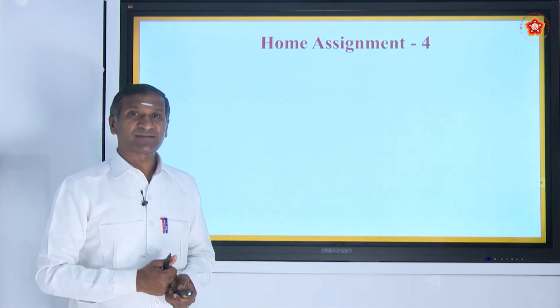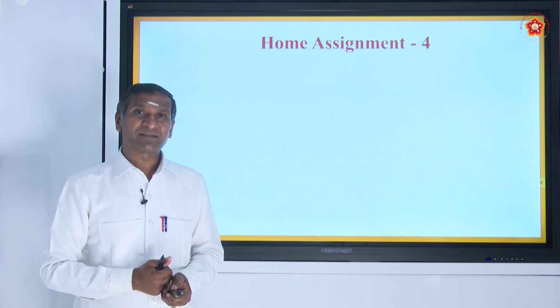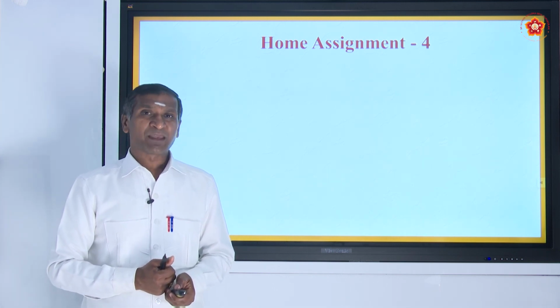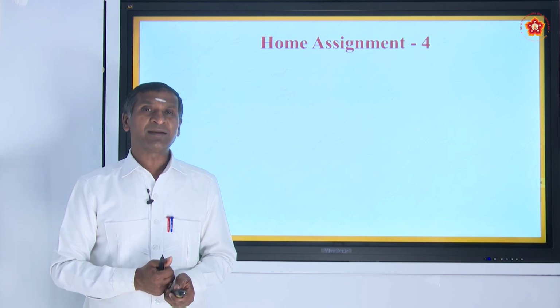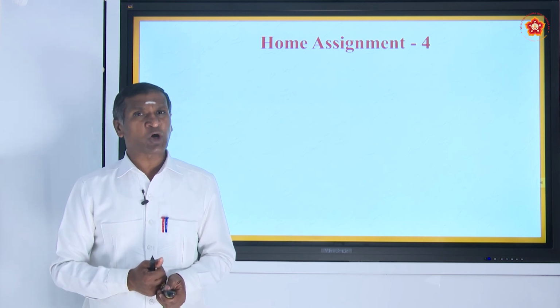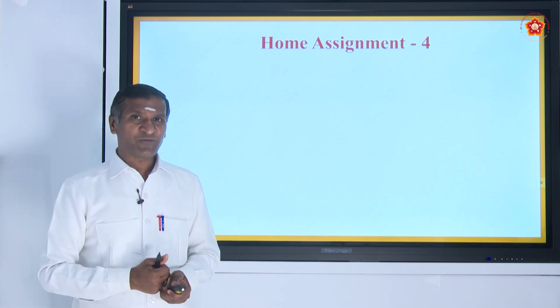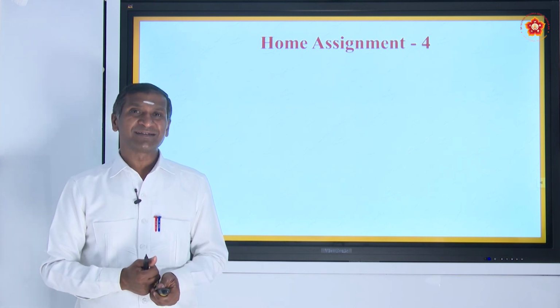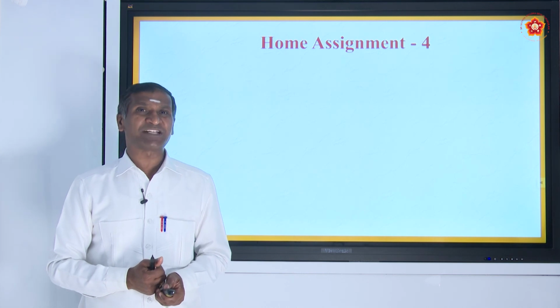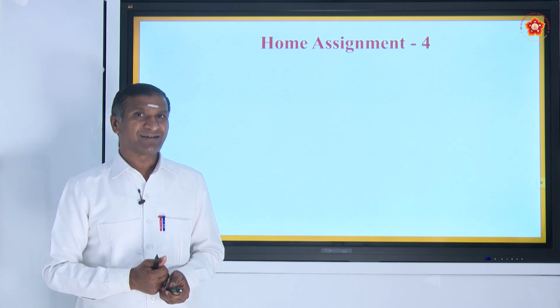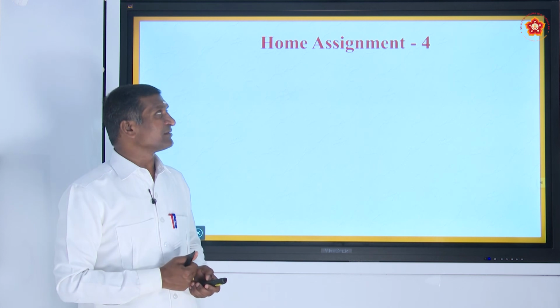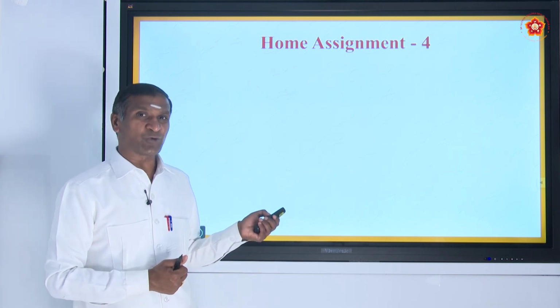Dear students, the last part, part 4, reproductive health, under the chapter How do organisms reproduce? Hope all of you have understood the content. Try to recap in your respective places once again and try to answer the home assignment 4 questions.